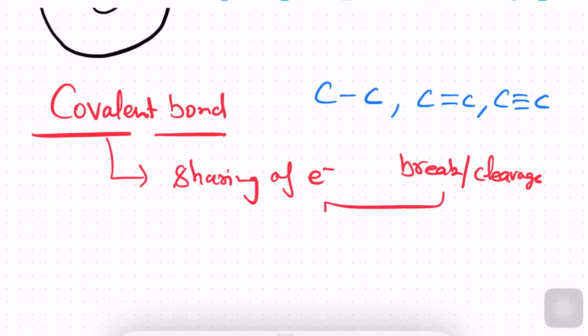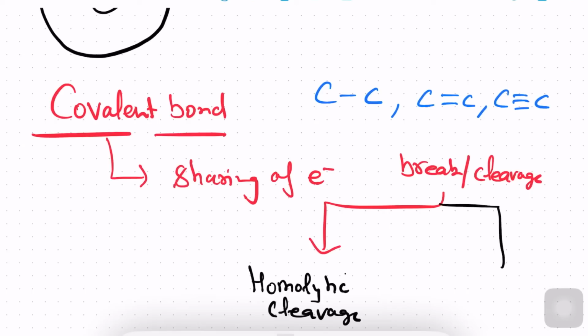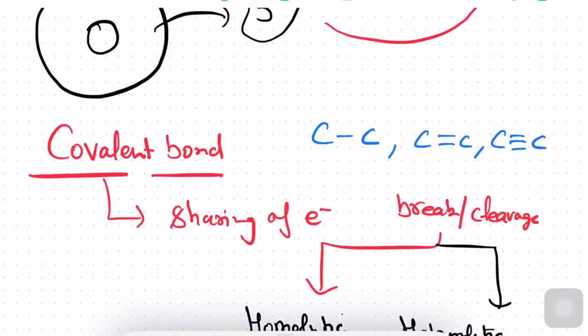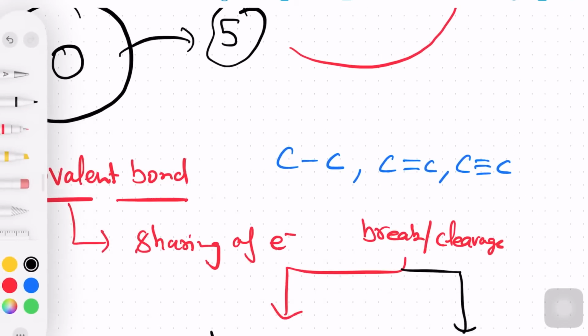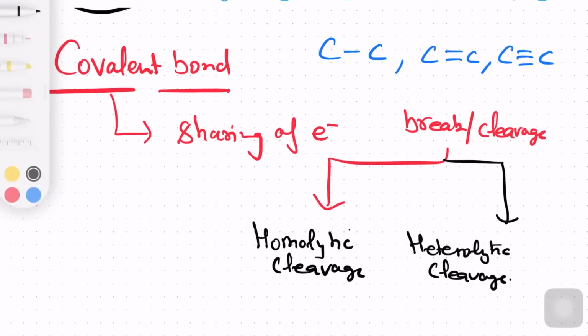It can happen in two ways: one is homolytic cleavage and another is heterolytic cleavage.